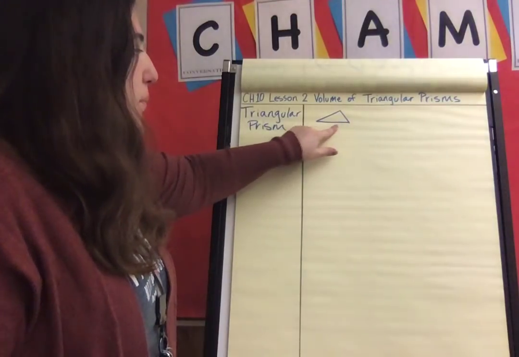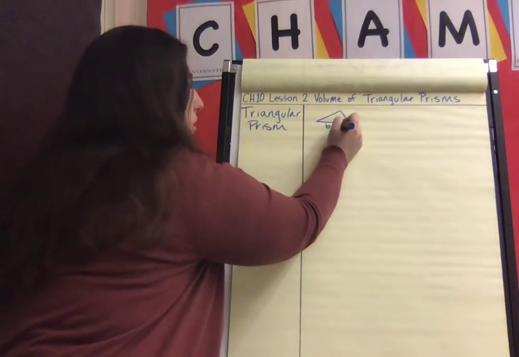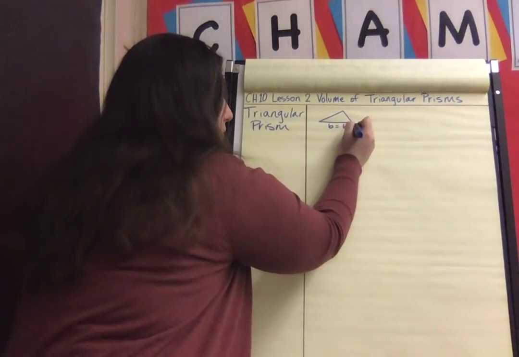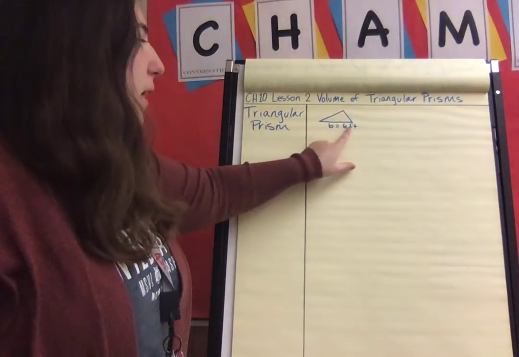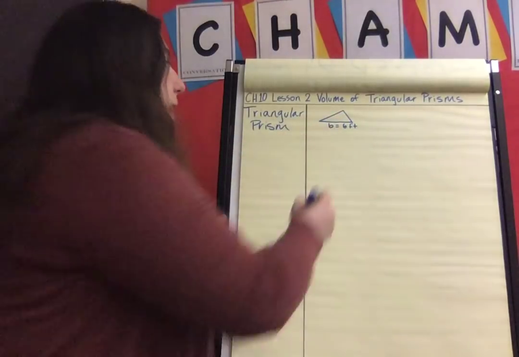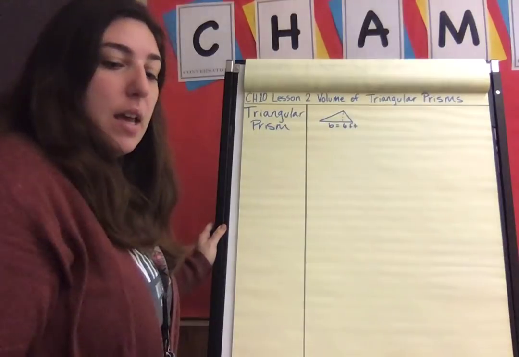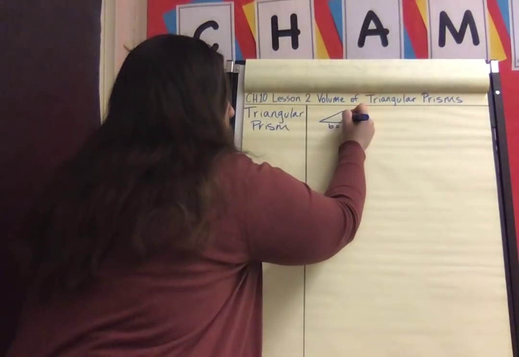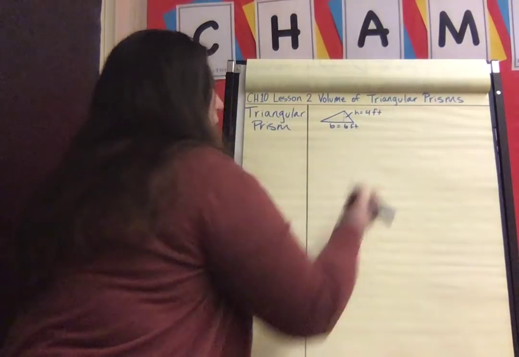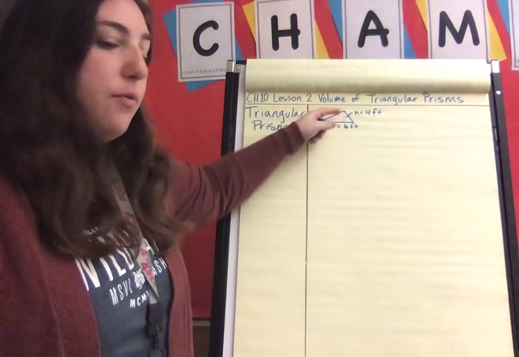And I'm going to say the base of this, B equals 6 feet. Okay, so this base has a length of 6 feet, and then I want the height. The height of this triangle, I'm going to say is 4 feet. Okay, so this is my base, has a length of 6 feet, height of 4 feet.